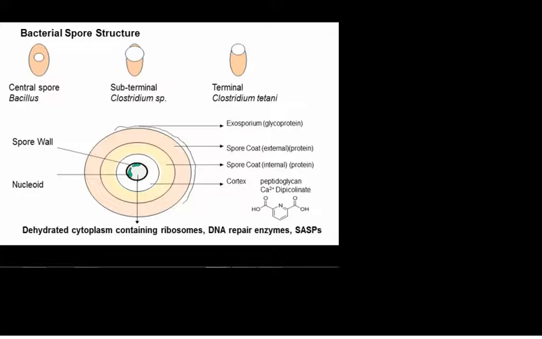And these are in here because sometimes these structures can be seen by light microscopy. And the position of the endospore with respect to the rest of the cell is an element of identification.